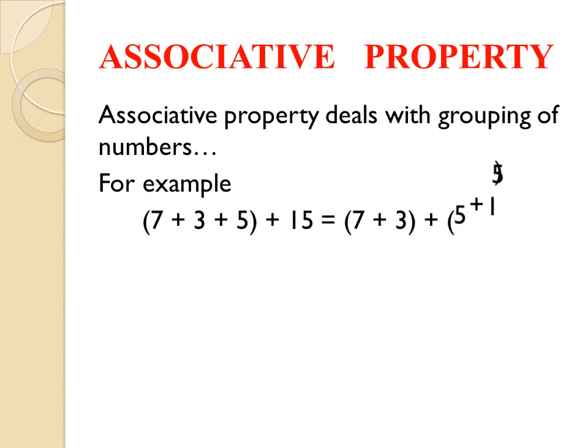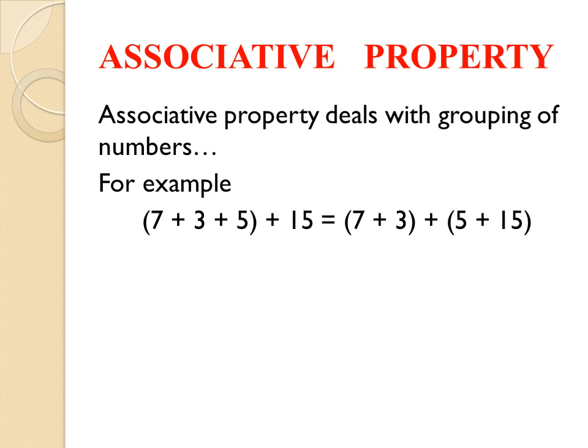On the left hand side of this equation, I take 7, 3 and 5 and make it a single group, and I leave out 15 separately, right? First I add 7 plus 3 plus 5. Why do I do it? We know that when there is a bracket, we should do that operation first. We have learned that in BODMAS rule.